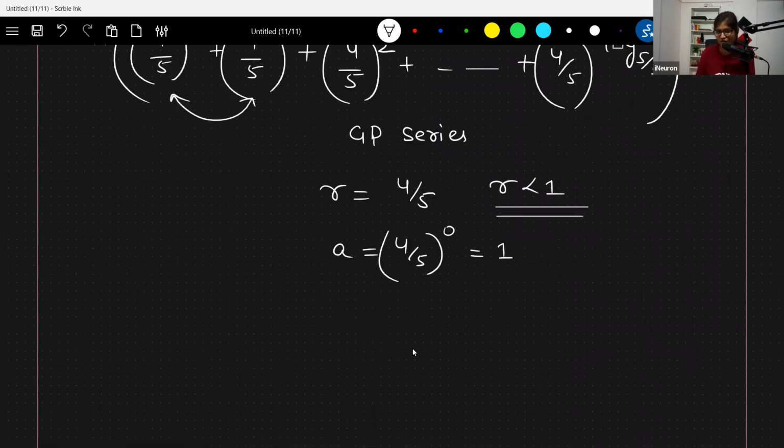I think in the last session also I discussed this point. Who will tell me the answer? When the value of r is less than 1, it is a into (1 minus r^n) divided by (1 minus r). This is the formula to calculate the sum of a GP series.